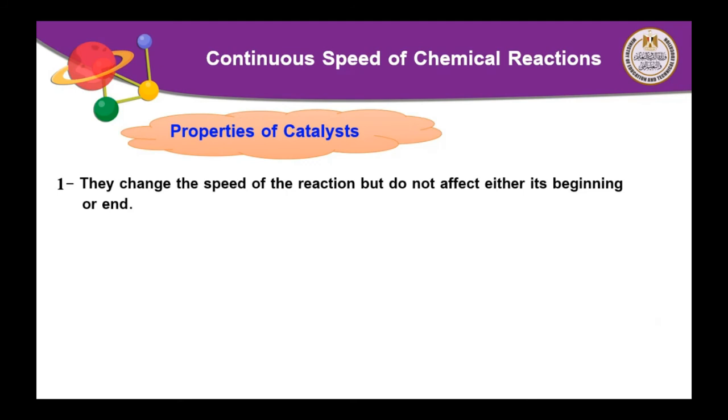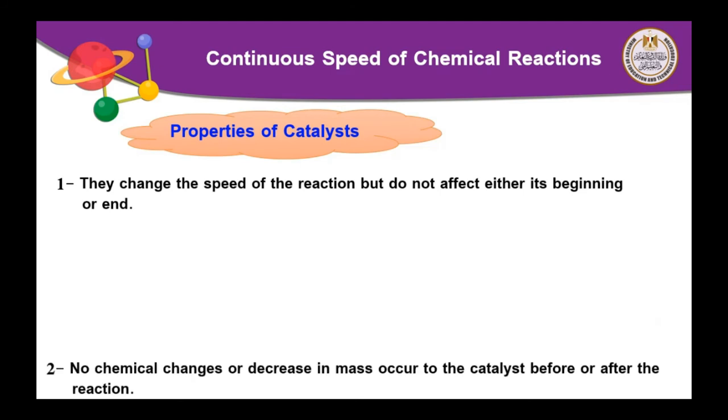Number one, the catalysts change the speed of the chemical reaction, but don't affect in its beginning or end. يعني هنا أنا متفقة معايا إن الكاتاليست it changes the speed, maybe increase the speed or decrease the speed.